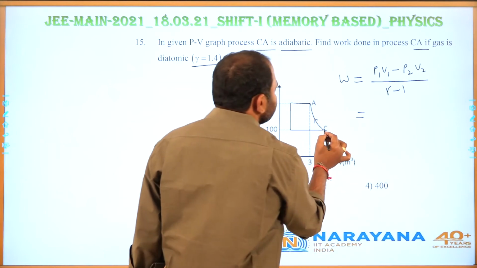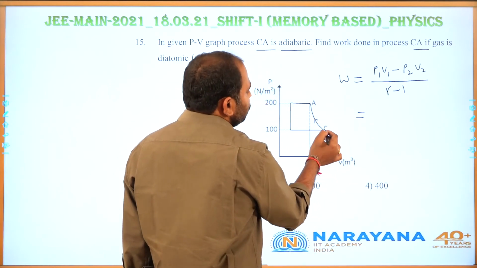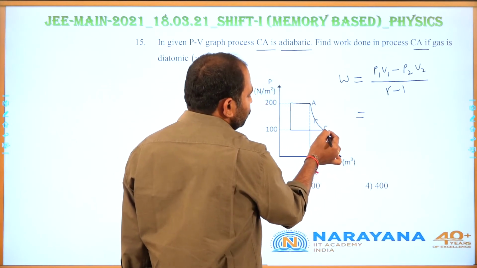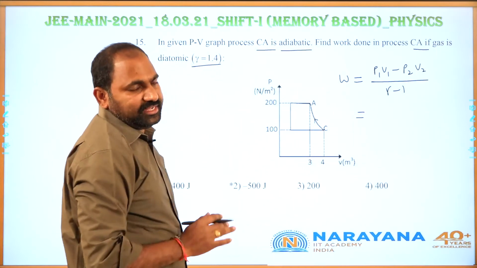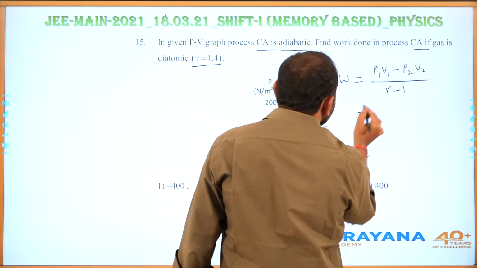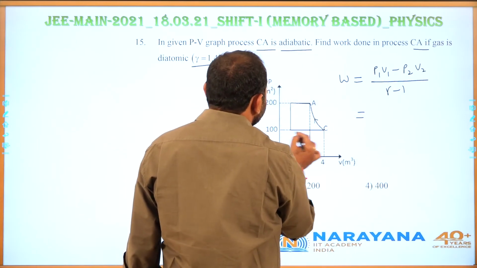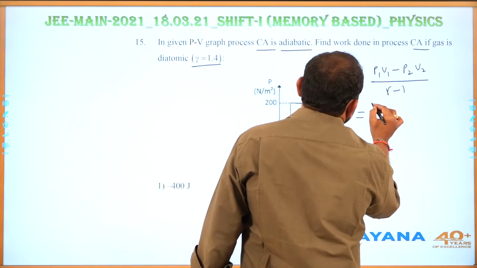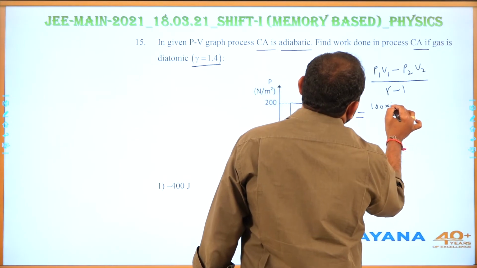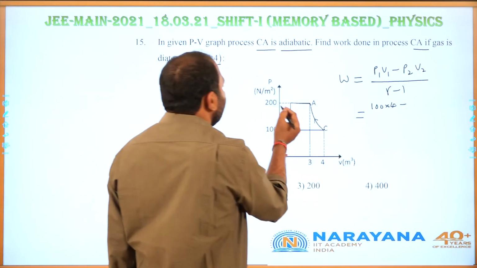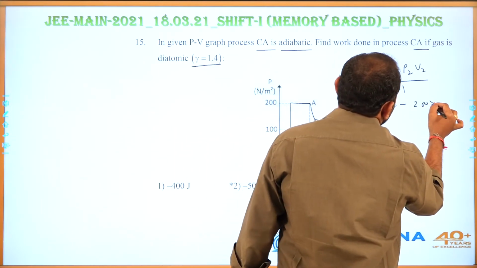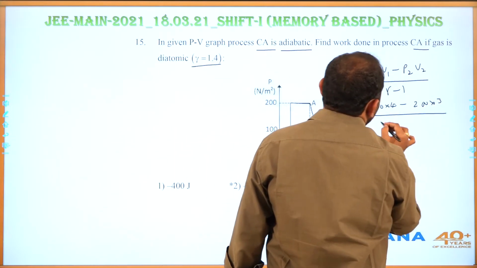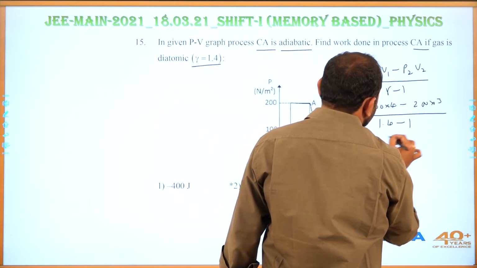Here P1 means pressure corresponding to C. Similarly, V1 means volume corresponding to point C. Similarly, P2 V2 are corresponding to point A. Let us substitute these values. P1 V1 corresponding to C are 10^4. So this is 100 into 4 minus P2 V2, which are 200 into 3, divided by gamma given as 1.4 minus 1.